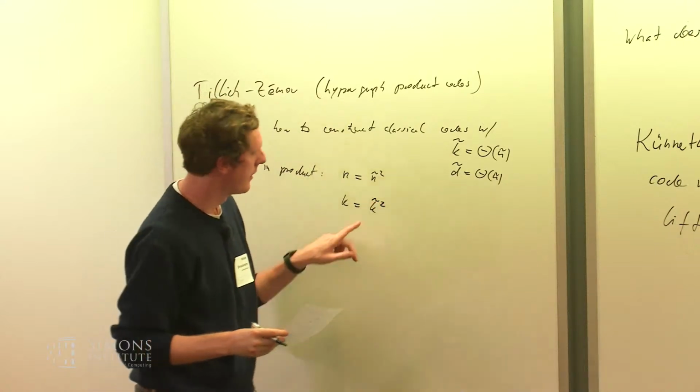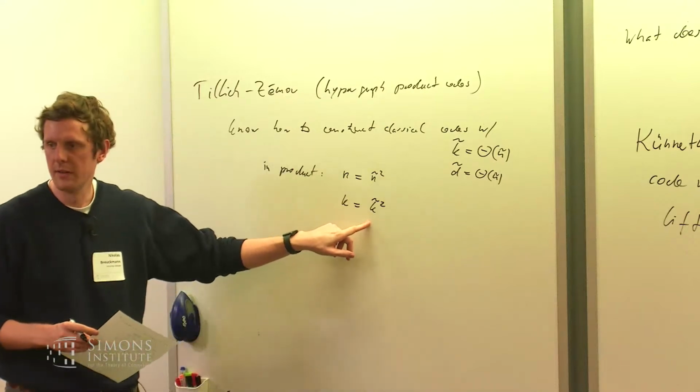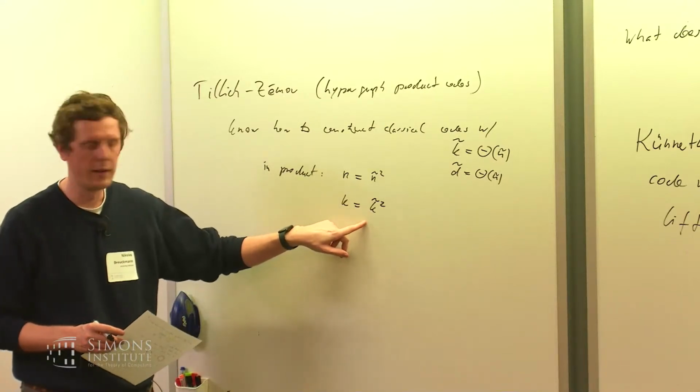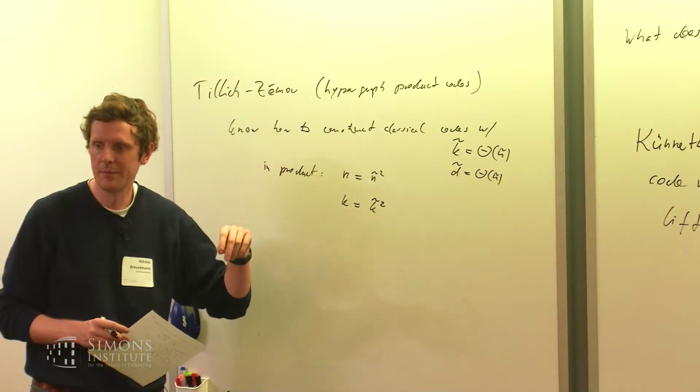This is exactly the statement of the Künneth theorem: I can take any code word of each individual factor and lift it, so I get k squared non-contractible loops in this structure.